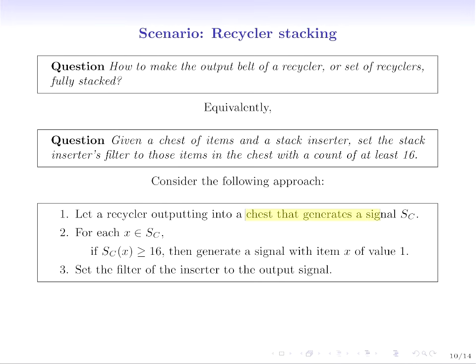You read the content of the chest into a decider combinator, and you check for each item in the chest. If the count of the item is greater than or equal to 16, then you generate a signal with that item of value 1, and setting this output signal as the filter of the inserter will achieve the goal.